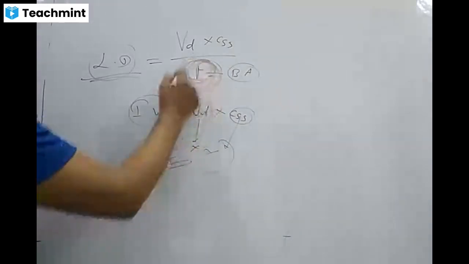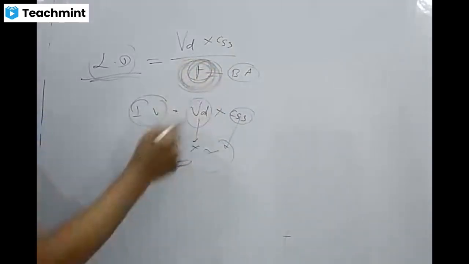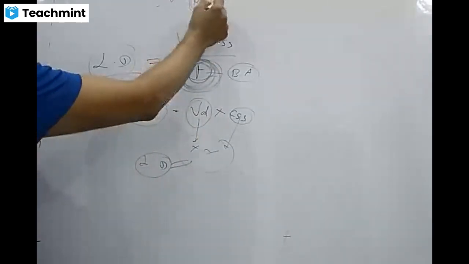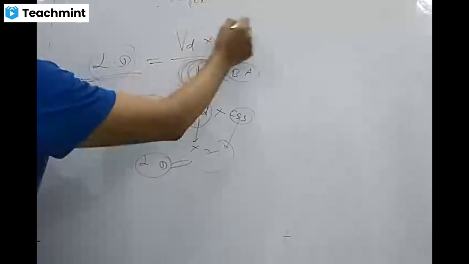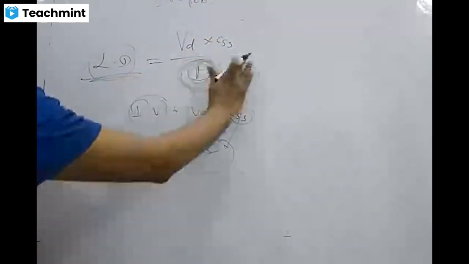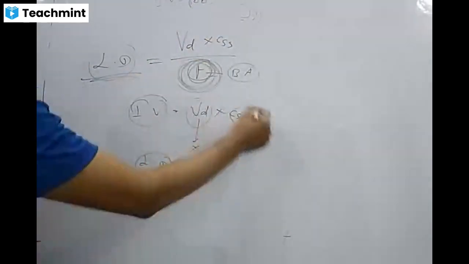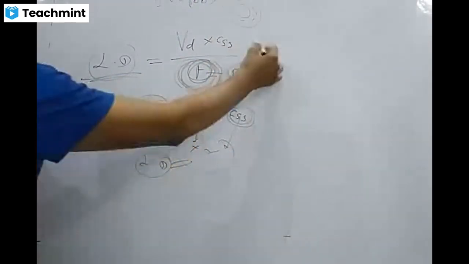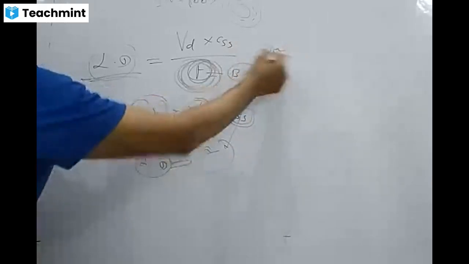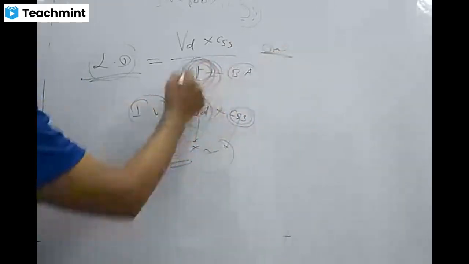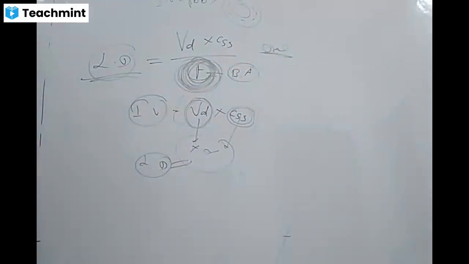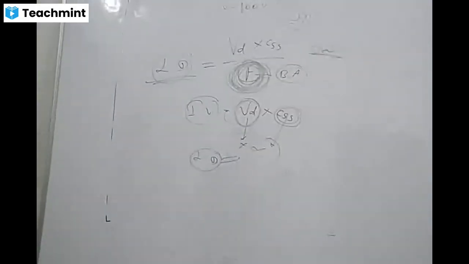Why do we consider bioavailability? Because for IV, the drug will 100% reach your circulation, so there is no need to take this parameter into account. But if you take it orally, then this factor F, bioavailability, comes into play.